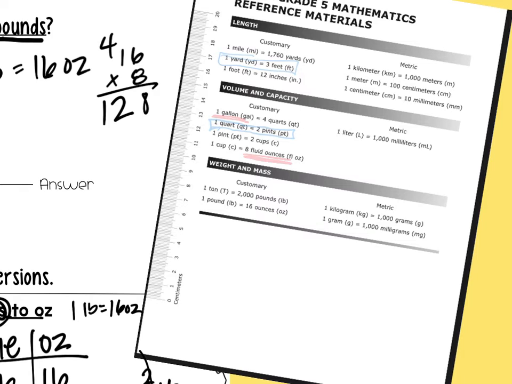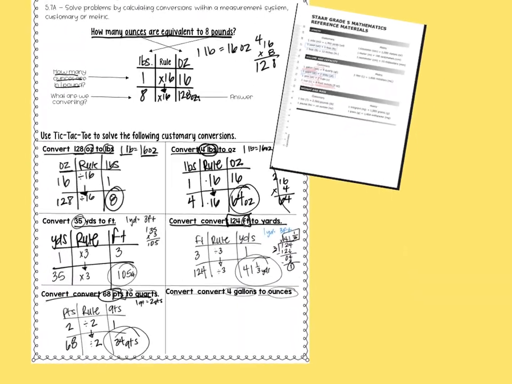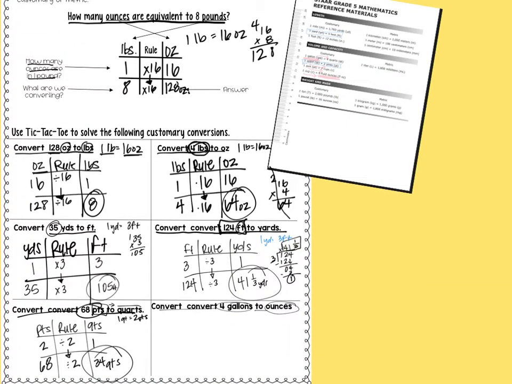So that tells me that I'm going to need more than one tic-tac-toe board, because I'm going to take it from gallons to quarts, from quarts to pints, from pints to cups, and then I can take it from cups to ounces. So we know that 1 gallon equals 4 quarts. So I'm going to turn my gallons into quarts before I take them to ounces.